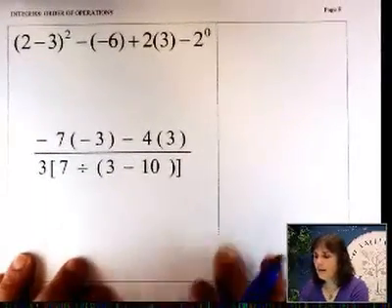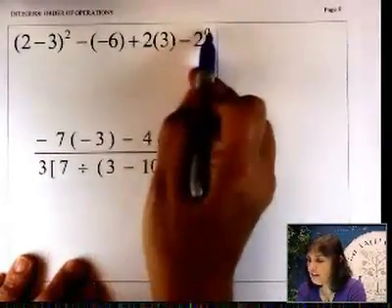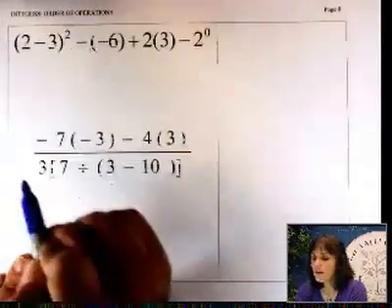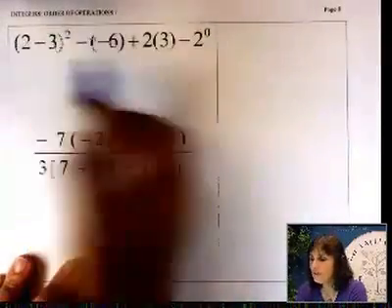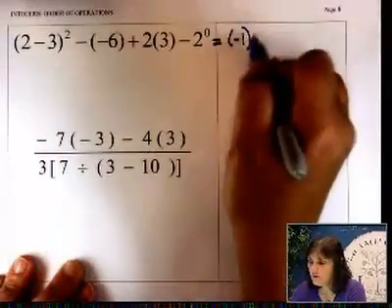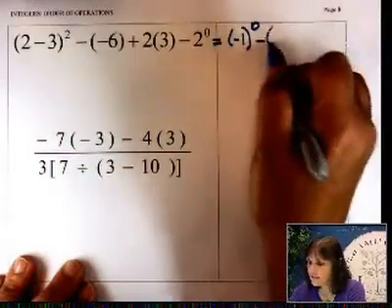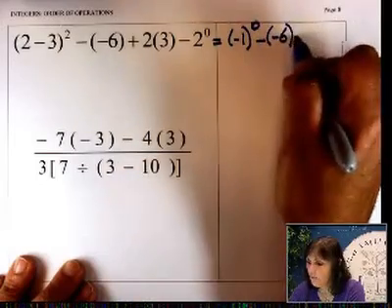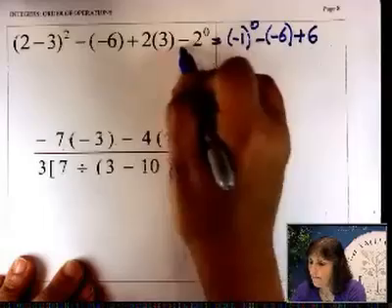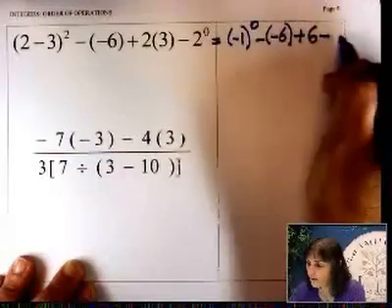This one. Now I have multiplication, exponents, and all the grouping symbols. Grouping symbols first. I have to group this guy. 2 minus 3, that's negative 1 to the 0th power, minus 6, plus, I can do the multiplication, minus 1 to the 0th power, that's 1.